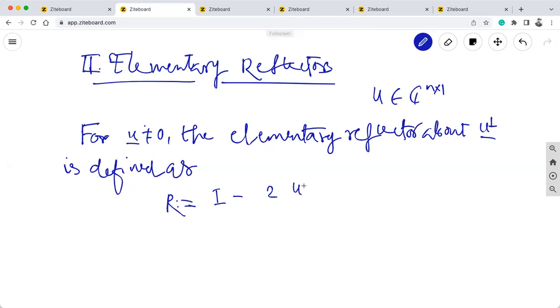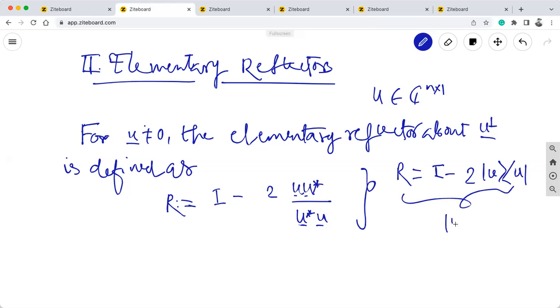Twice u u star, the outer product of the vector u, divided by the inner product u star u. This is very important. And if u is a unit vector, say for example a quantum state, then your reflector will be I minus twice the outer product of u and u.